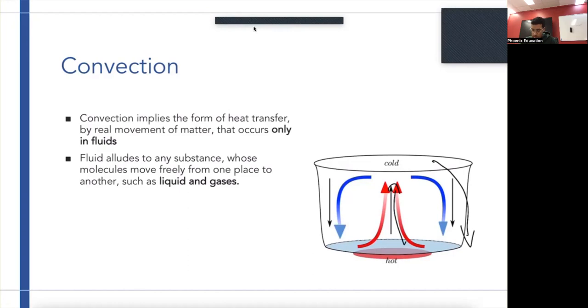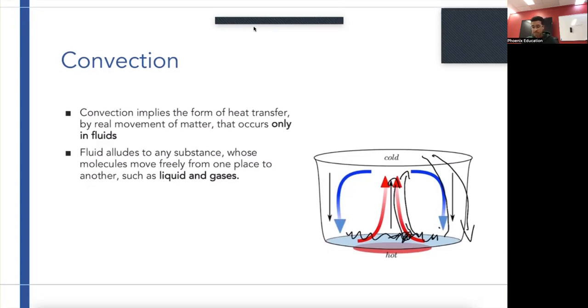And the momentum of this hot liquid rising up will keep it in the same motion. So as this hot liquid rises up, this cold liquid will sink down, and it will push the remaining hot liquid at the bottom. It's going to create a cycle, right? And this cycle is called convection.